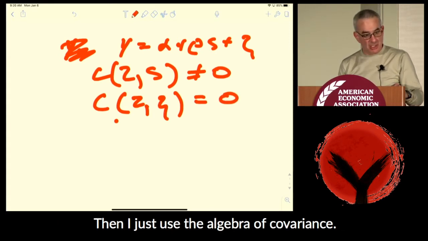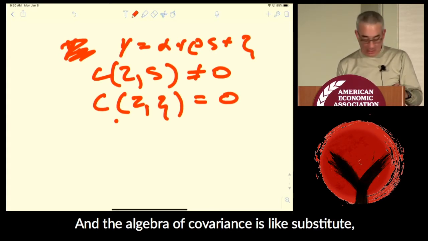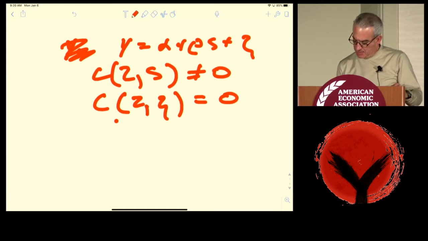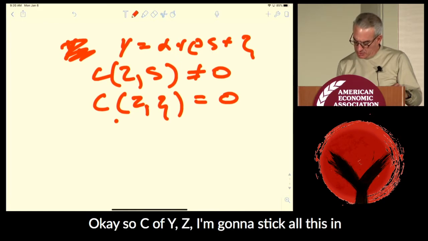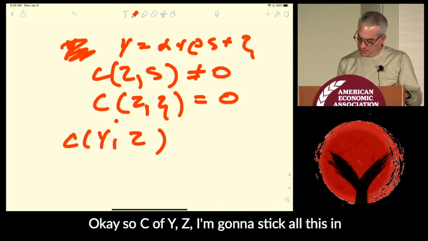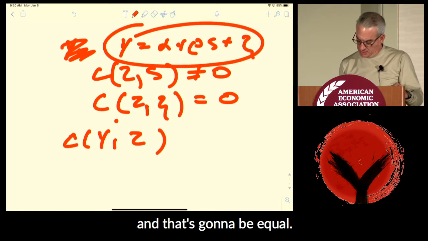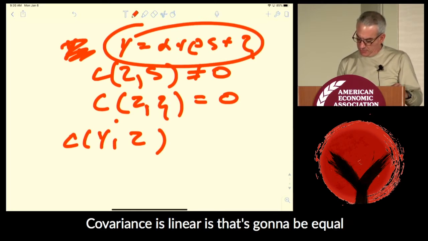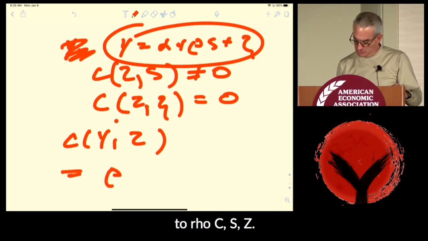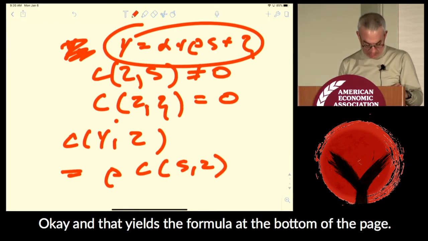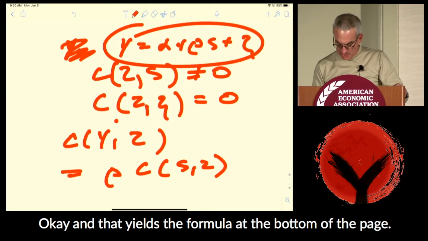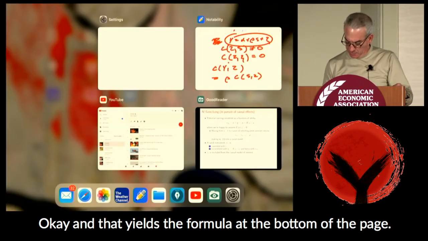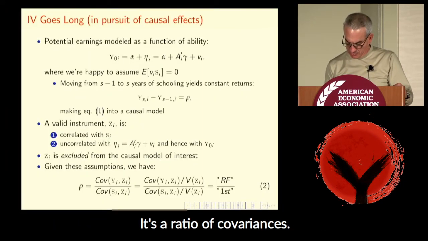Then I just use the algebra of covariance, and that's why I substitute in y, okay, so C of yz. I'm going to stick all this in, and covariance is linear, so that's going to be equal to rho C S Z, and then I just do the division, and that yields the formula at the bottom of the page. It's a ratio of covariances.